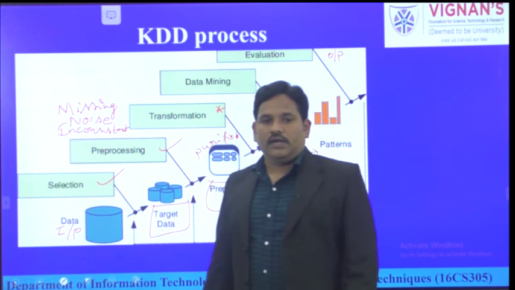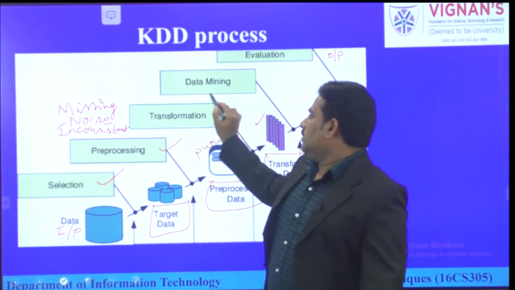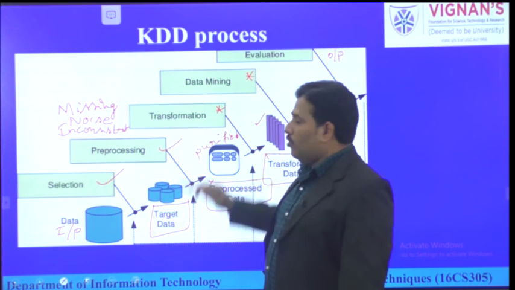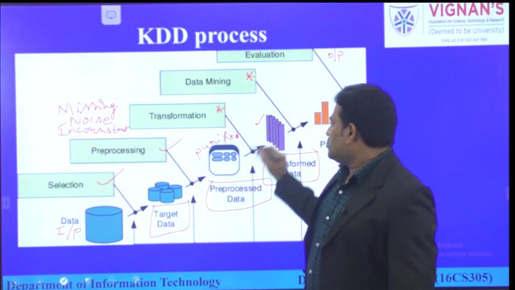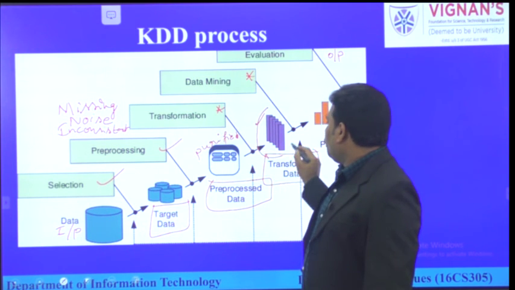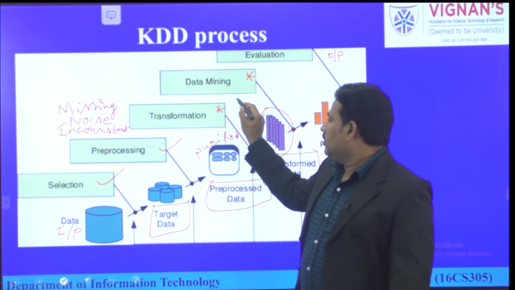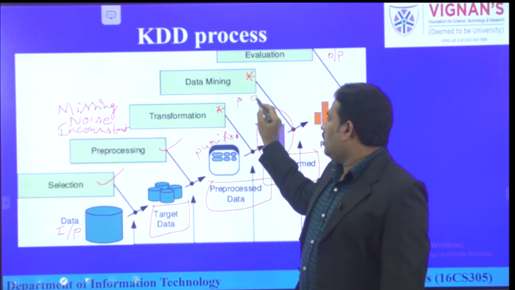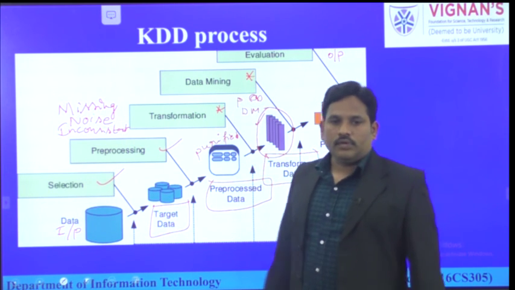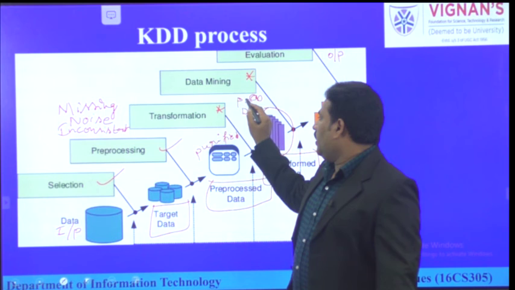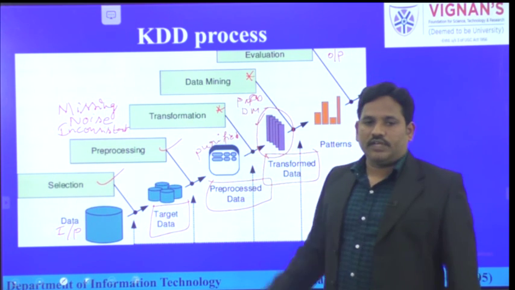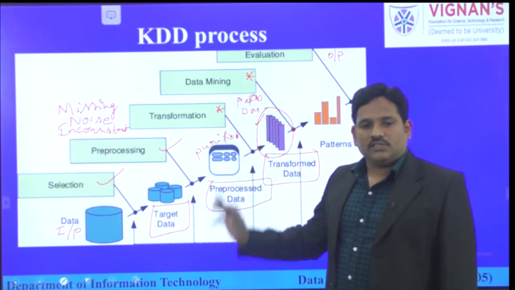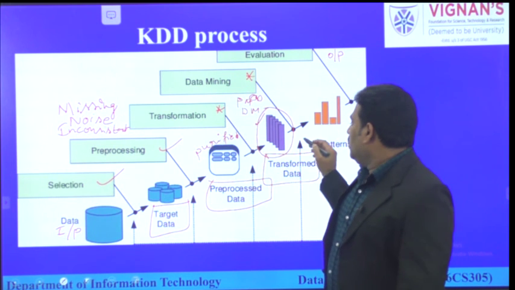Now on this transformed data, we are going to apply the required data mining algorithm to understand and to analyze the data. That means on this data, we can apply either predictive modeling or descriptive modeling. Let us take, we can apply either a classification or a clustering. That is up to you.